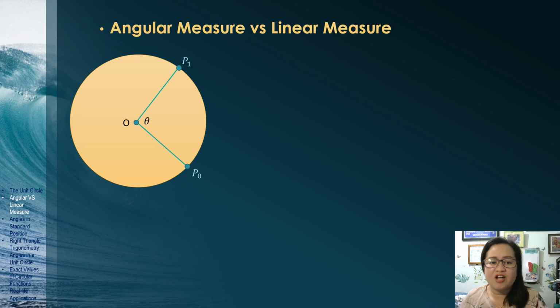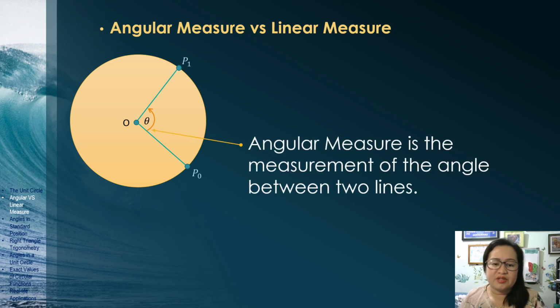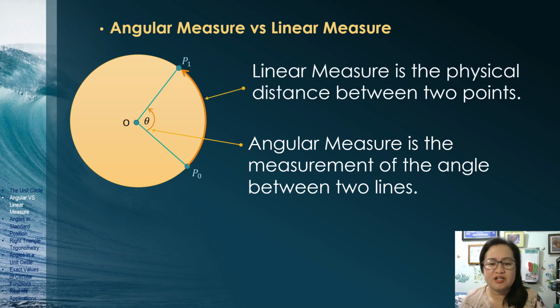The second concept that we have to be clarified on is the angular measure and the linear measure. The angular measure is the measurement of the angle between the two radii of the circle, while the linear measure is the physical distance between the points on the circle.